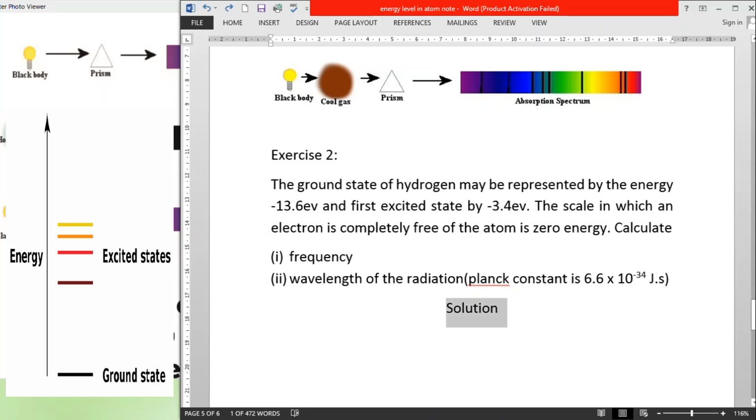So for our solution, E0 according to the question is minus 13.6 electron volt, and also we have E2 as minus 3.4 electron volt. That is what we are given to calculate with.